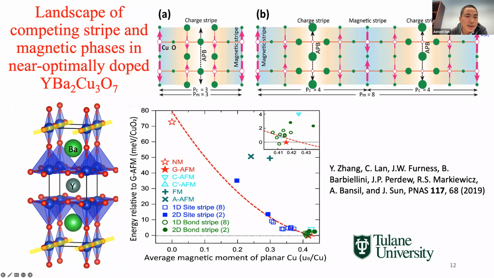And when you put more oxygen in the chain, you actually pull electrons from this copper-oxygen plane, and therefore hole dope this plane. Now, if you focus on this copper-oxygen plane, you can have this kind of stripe phases. So basically you have this pattern of copper magnetic moments.